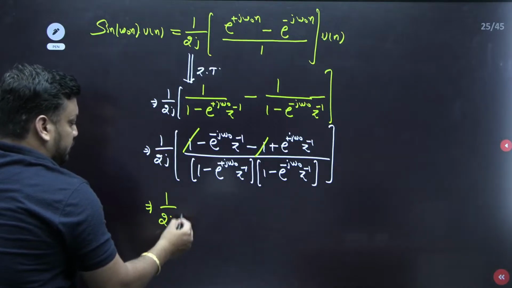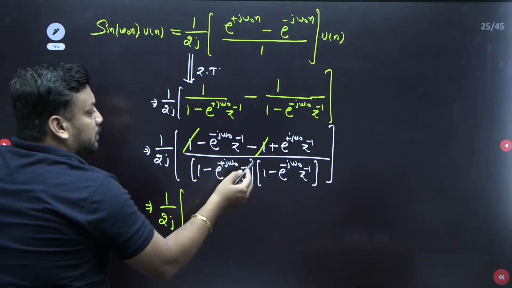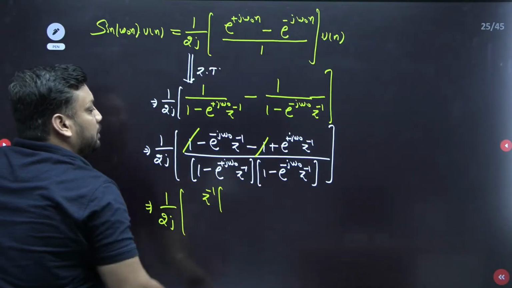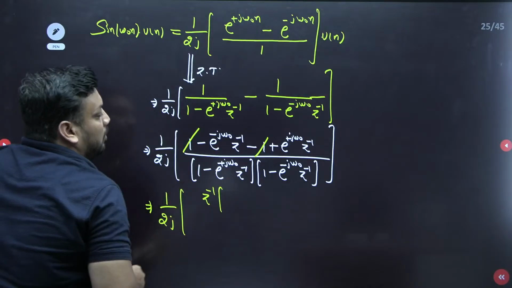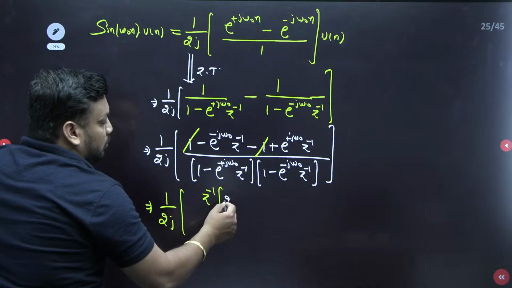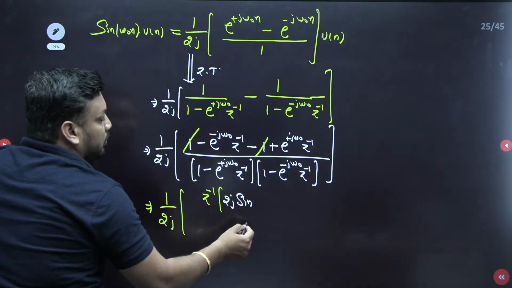In the numerator, if you take common z inverse, inside the bracket you will get e to the power j omega 0 minus e to the power minus j omega 0, and it will give you 2j sin omega 0.